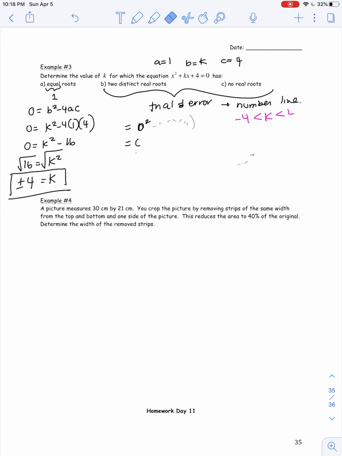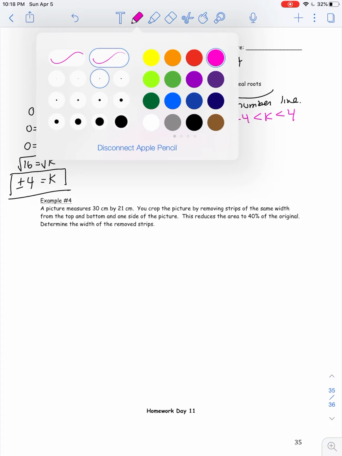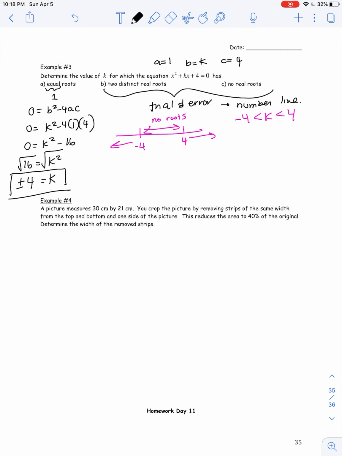The last trial thing that we're going to do, now remember, you can always pause this if you missed that and go back and fill in your notes, but the last thing we need to do is figure out on the number line, if we already know that the middle section is for no real roots, that means that this part right here and here are for the 2 distinct real roots, and I'll prove that.